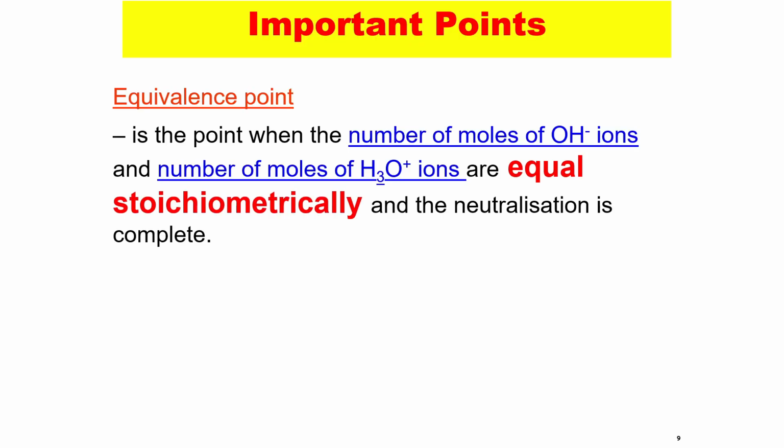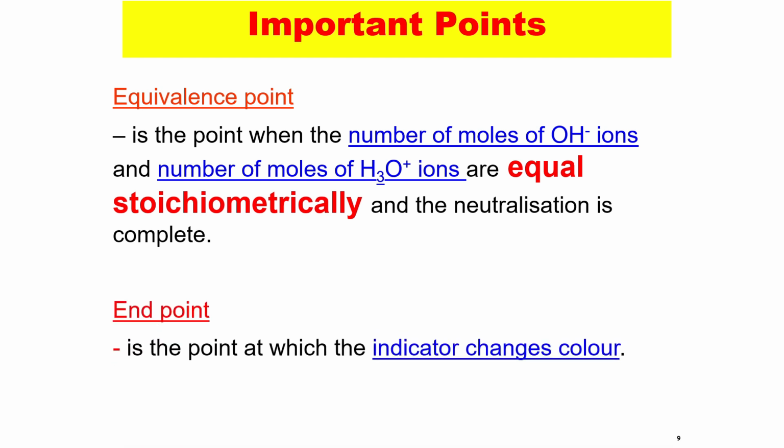So this is the definition of the equivalent point. At the equivalent point, the number of moles of OH minus ions and H3O plus ions are equal stoichiometrically. They must be equal based on stoichiometry. That is why, when we do calculations for acid-base titration, we need to balance the equation.